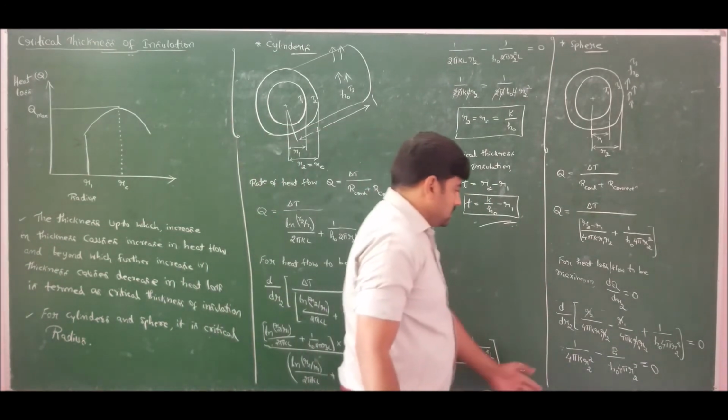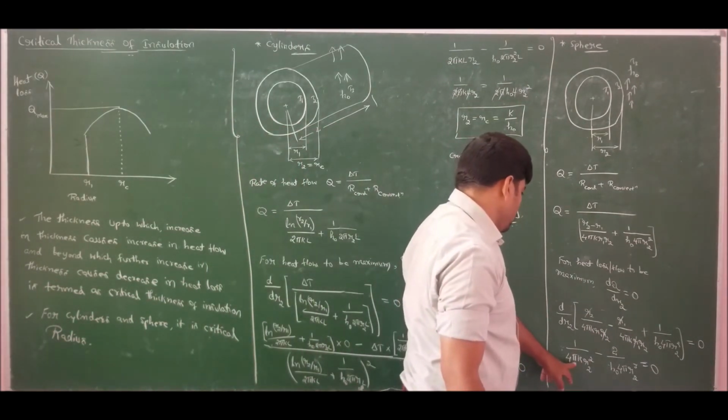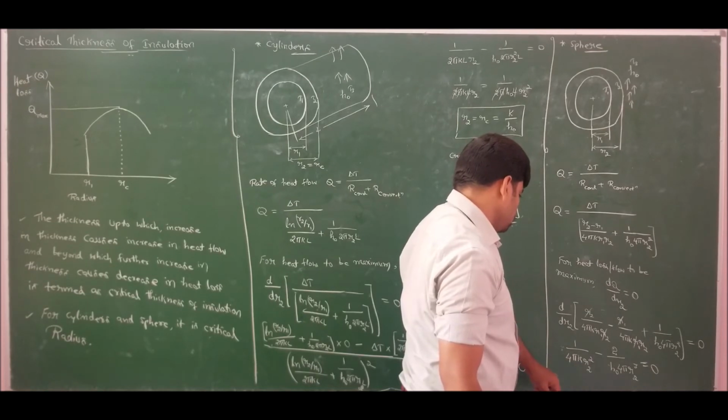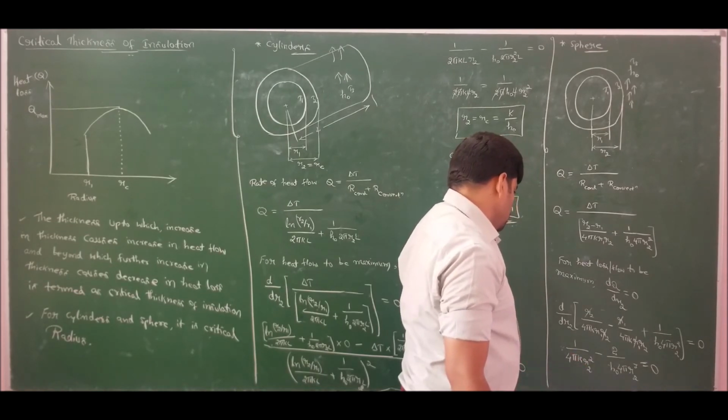So if you simplify this and observe, I can cancel off 4 pi, and r square and r cube will get cancelled.